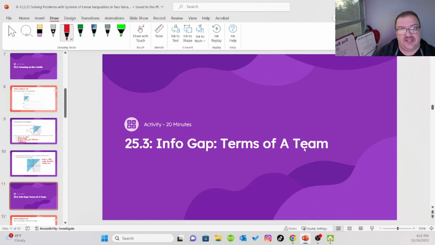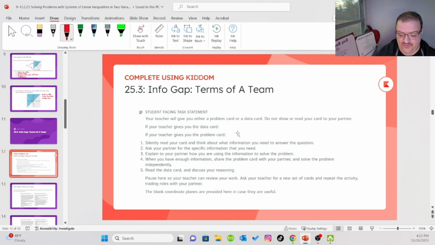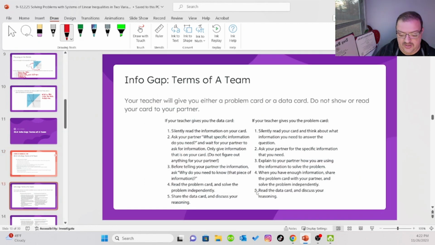Our next activity is 25.3, titled Info Gap, Terms of a Team. So on this one, we are going to have a card sort.